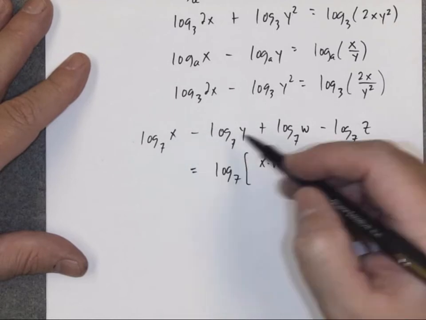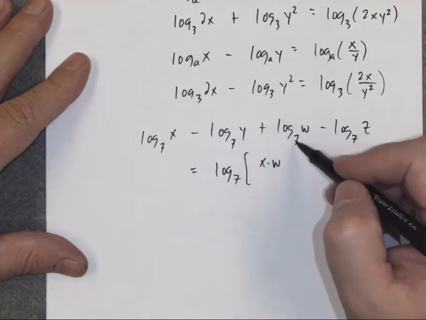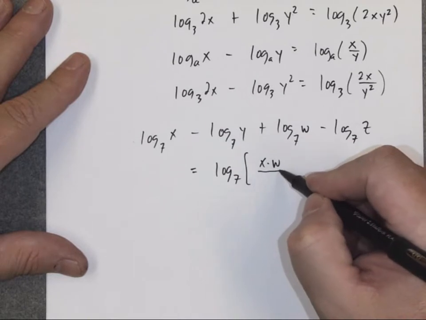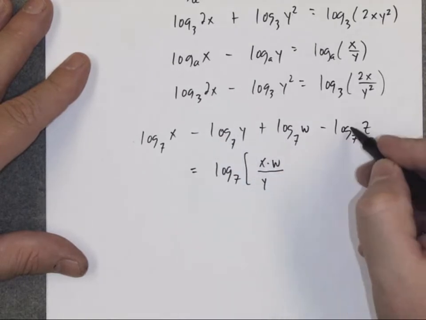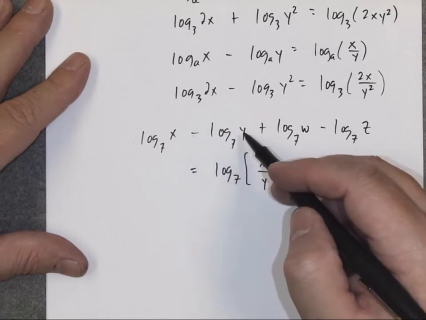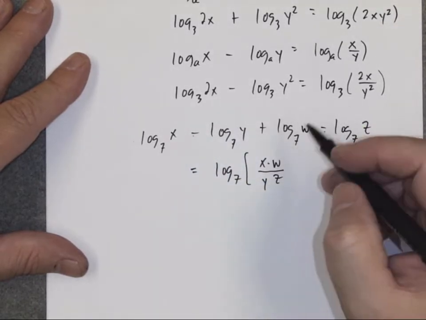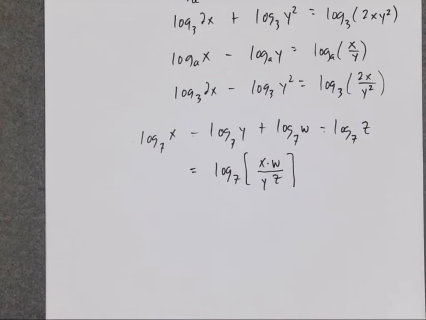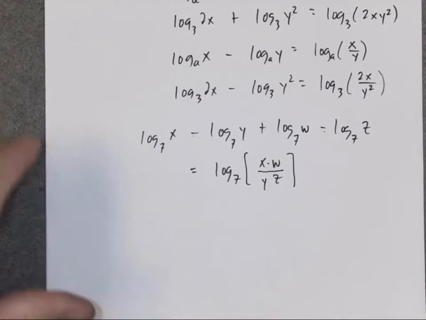So this x and this w, since it's plus log base 7 of w, and then whatever log terms you're subtracting, those go in the bottom. So I'm subtracting log base 7 of y, subtracting log base 7 of z. So there you go. All right, hopefully those are pretty straightforward. Now there's one more twist.